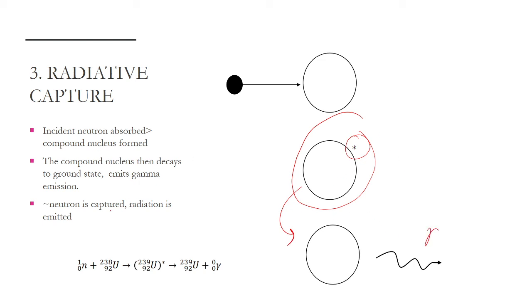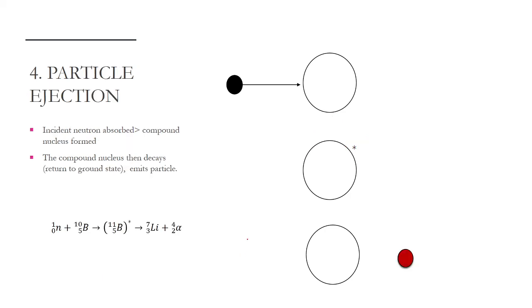So the neutron is captured and then radiation is emitted, which is why it is called radiative capture. Example here: uranium 238 absorbs a neutron, forming excited state uranium 239, and then this uranium 239 returns to the ground state of uranium 239 by emitting gamma ray.